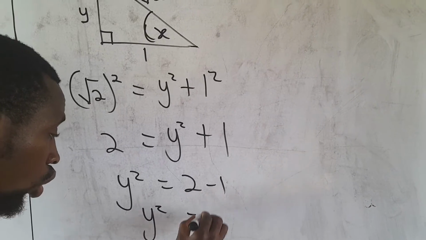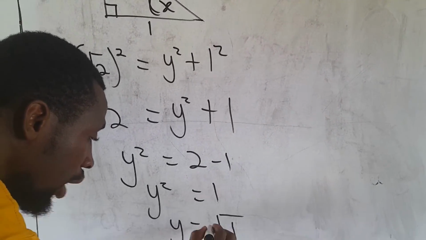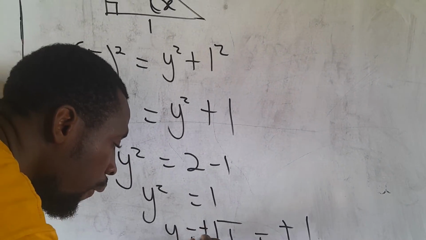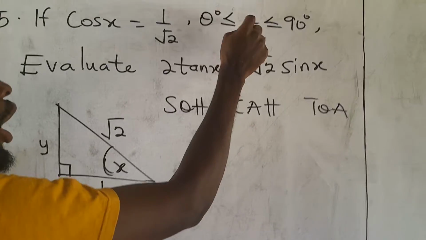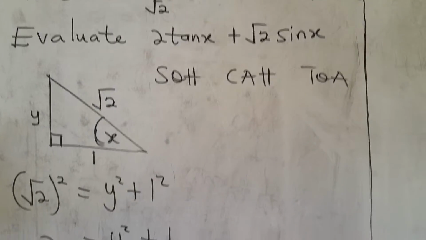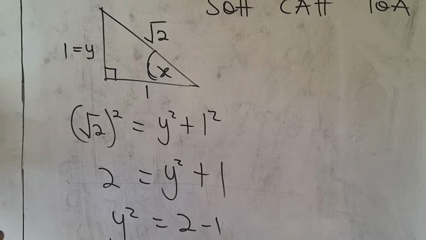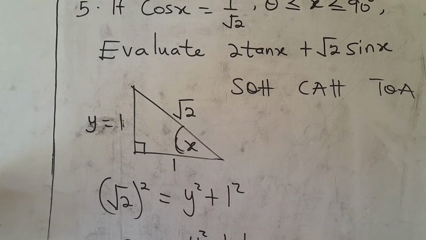Y squared will be equal to 1. Y will be equal to the square root of 1. Remember, plus or minus, and that will be plus or minus 1. Remember, however, that since x is found in the first quadrant, we will make use of the positive. So y is equal to 1, or the opposite is 1.